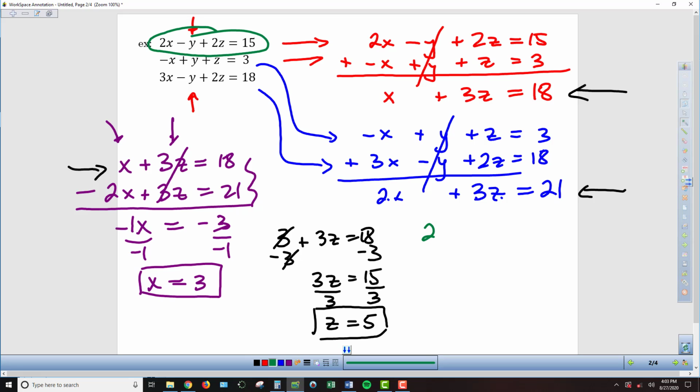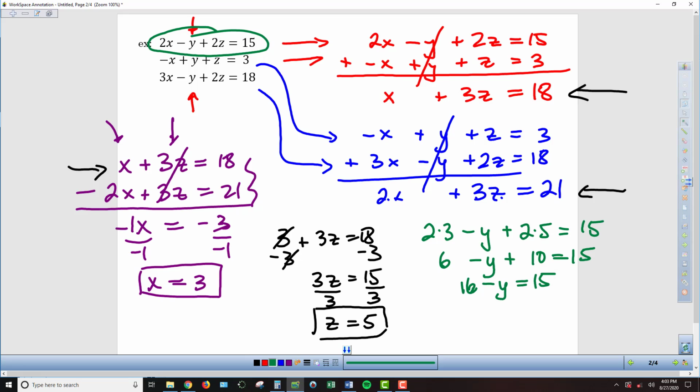So we're going to have 2x, so 2 times 3, minus y, plus 2 times z, so 2 times 5, equals 15. So 2 times 3 is 6, minus y, plus 10, equals 15. I'm going to gather my like terms on this side, so 6 plus 10 gives me 16 minus y equals 15.